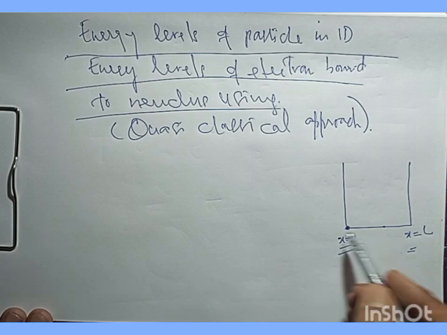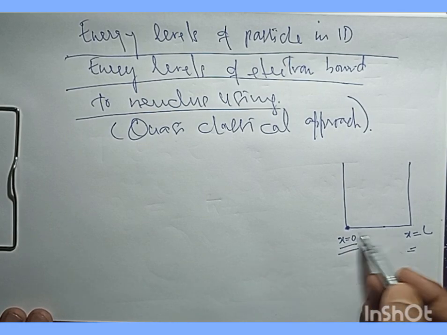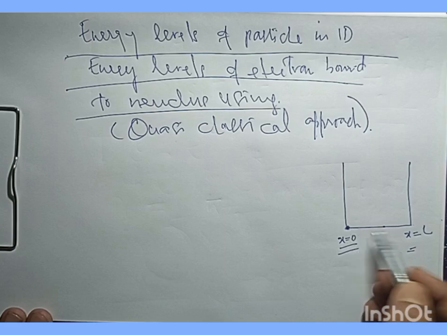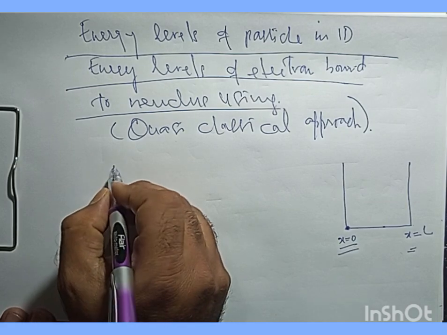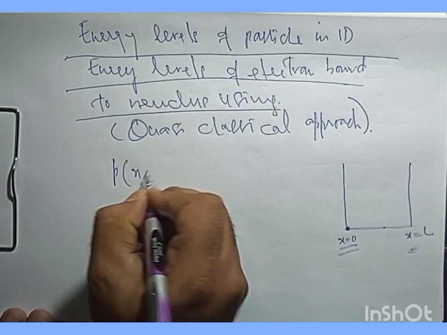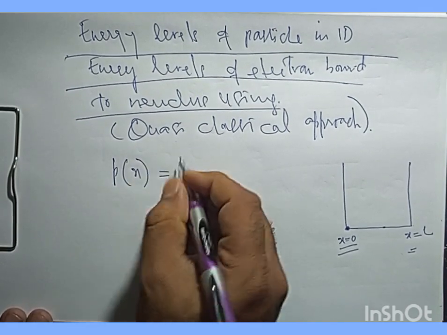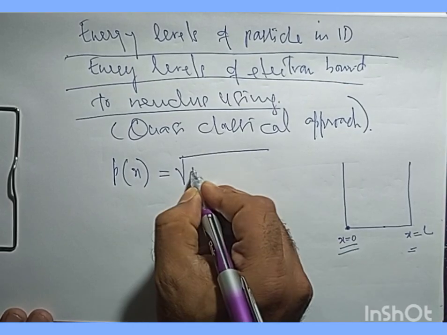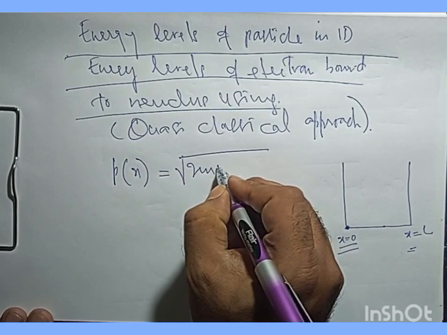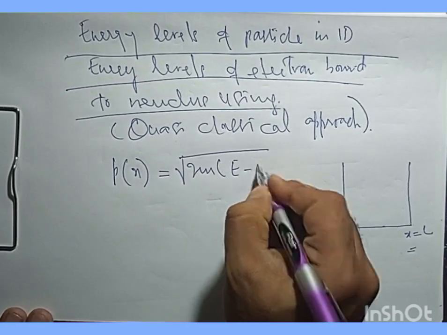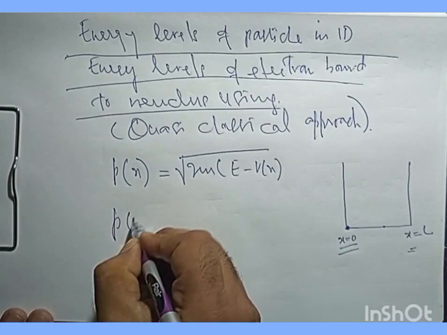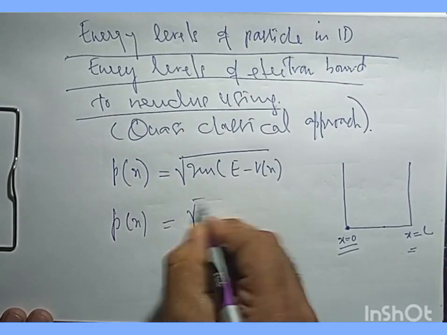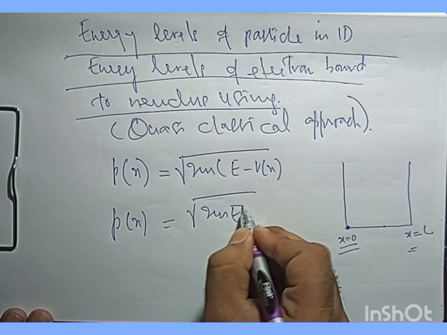Now, in this case, the momentum of the particle will be constant between 0 and L. Since the momentum is constant, the p of x that we have is the square root of 2m(E minus V of x), and this V of x is equal to 0, so this p is the square root of 2mE.